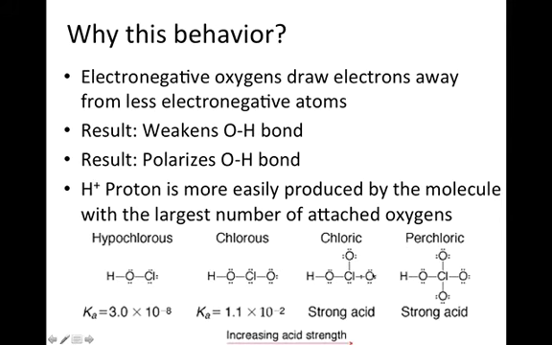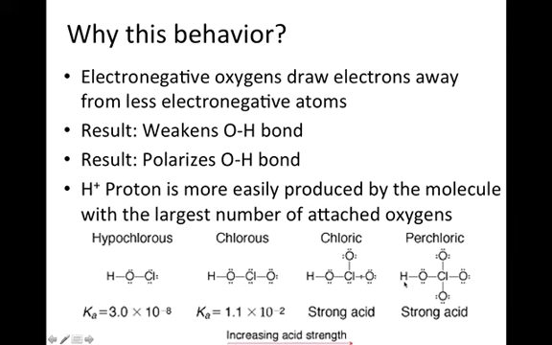So we have 3 oxygens here, you have 4 oxygens here, you have 2 oxygens, just 1 oxygen. So what's going to happen is that these super electronegative oxygens have the ability to pull, freeing this hydrogen more readily. So if you have more hydrogens being ionized, what happens to your strength? You're increasing in your strength as well.